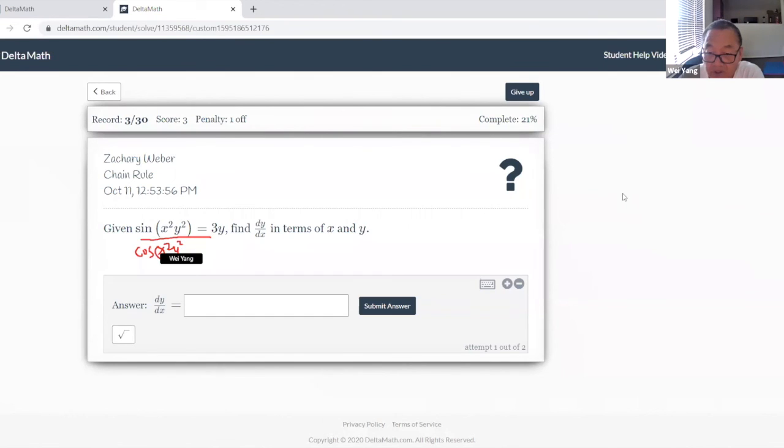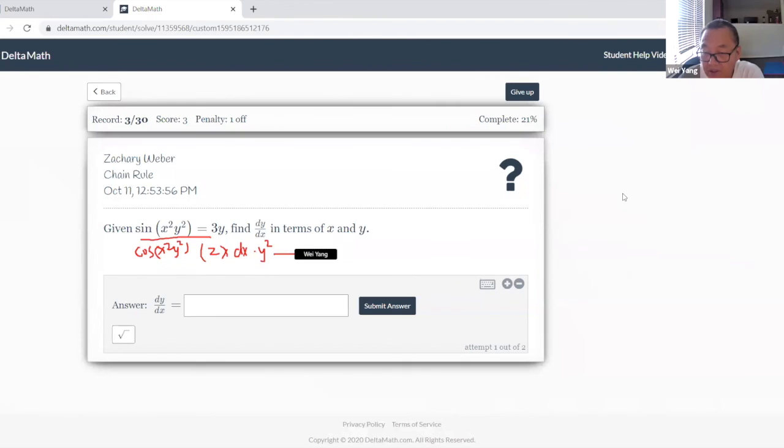Derivative of sine equals cosine. Then use the chain rule to find this one. We've got a product rule: 2x times dx, then times y squared. This is the first term.